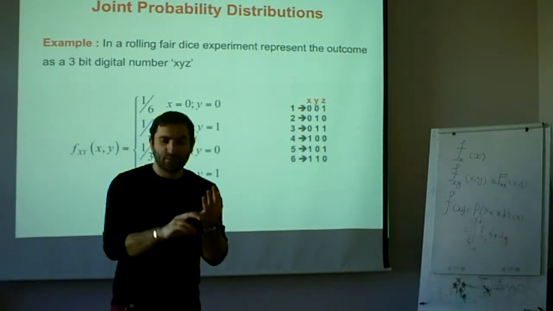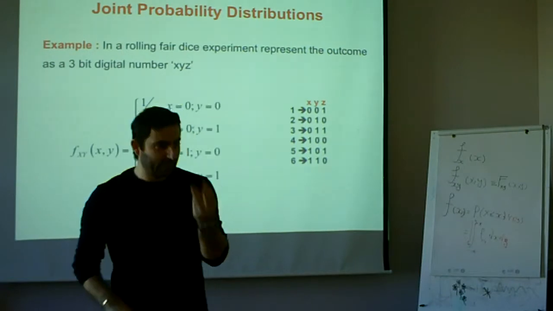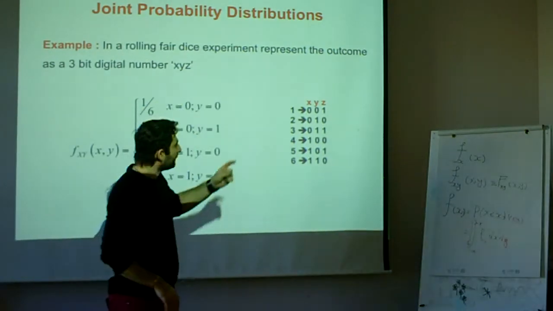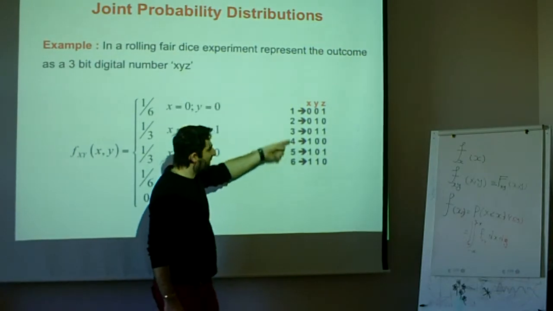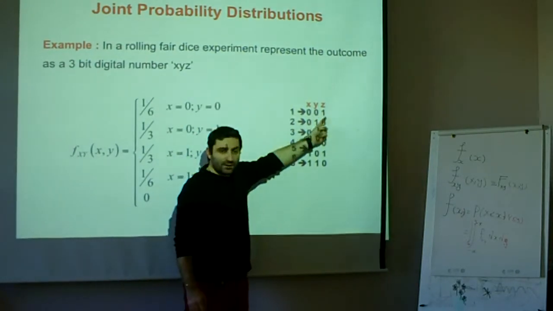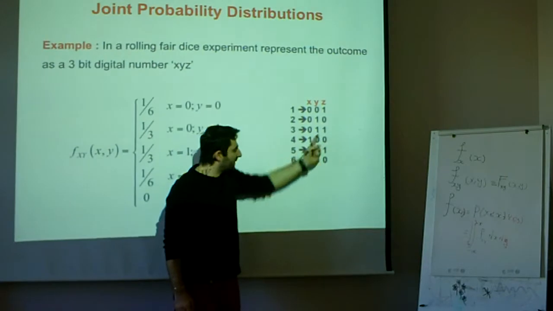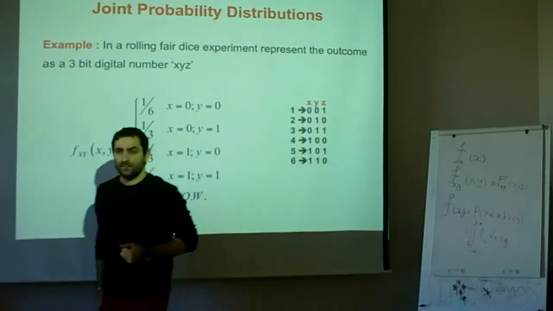We know that if we want to represent numbers 1 to 6, we already need 3 bits. So we have 1, 2, 3, 4, 5, 6. And with 3 bits, 1 is represented like this, 2 is represented like that, and so on.